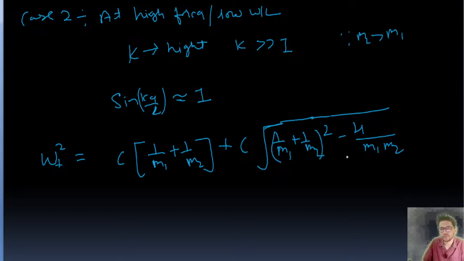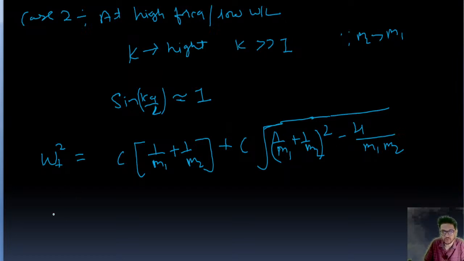If you open it, this is 1 upon m1 square plus 1 upon m2 square plus 2 upon m1 m2, minus 4 upon m1 m2, so it becomes 1 upon m1 square plus 1 upon m2 square minus 2 upon m1 m2, which is 1 upon m1 minus 1 upon m2 whole square.